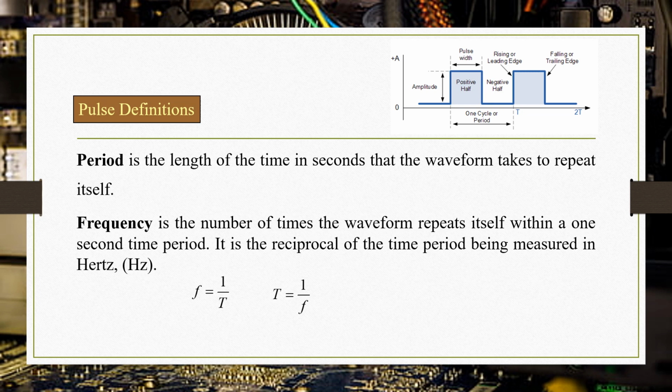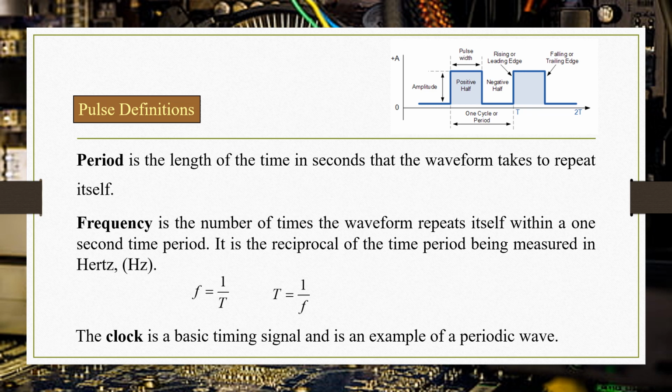If the time period increases, of course, the frequency decreases, because the number of times it repeats decreases if it takes longer. So frequency is the reciprocal of the time period and it is measured in hertz. F is equal to 1 by T, where T stands for the time period. So when the time increases, the frequency decreases.